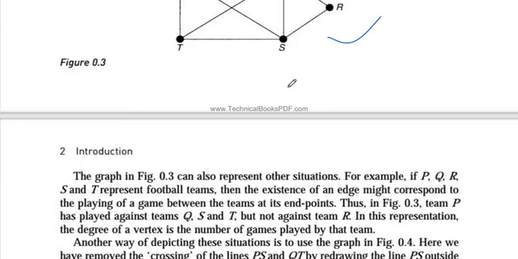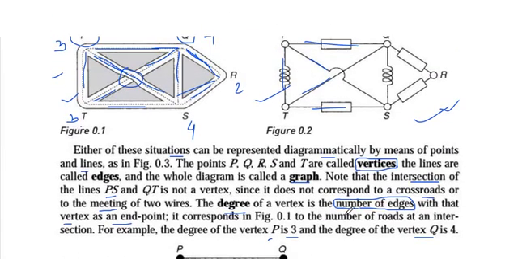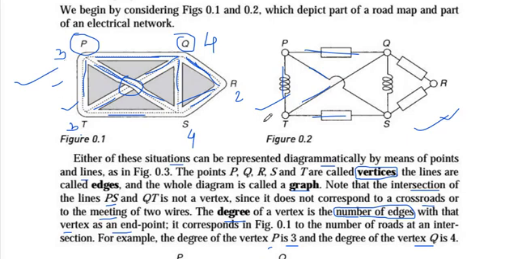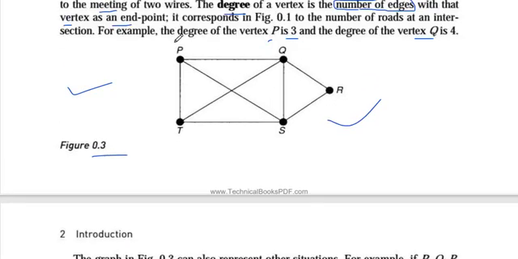For example, if P, Q, R, S, T represent football teams, then the existence of an edge might correspond to the playing of a game between the teams at its endpoints. So this graph represents a road network, that graph an electric network, and let's say this graph represents football teams. For team P, they have to compete with Q, T and S.